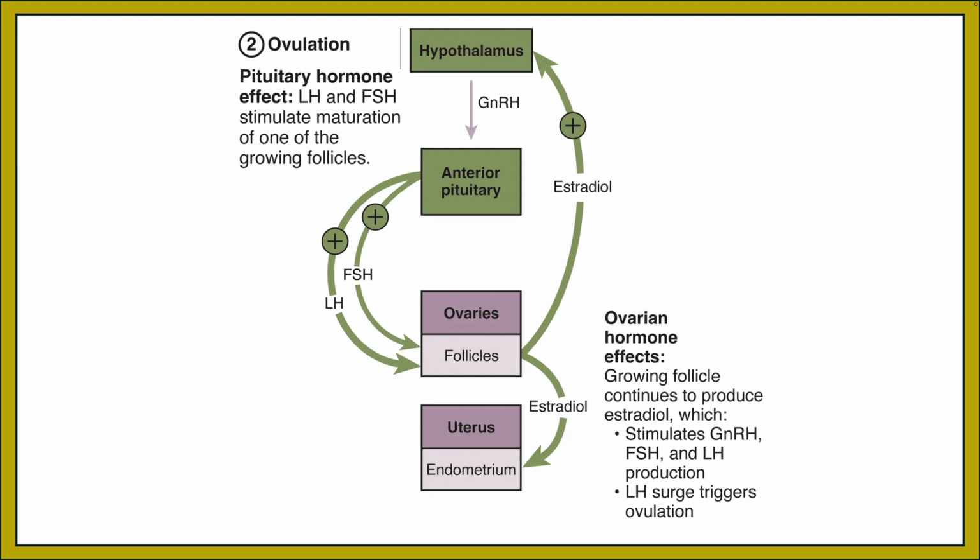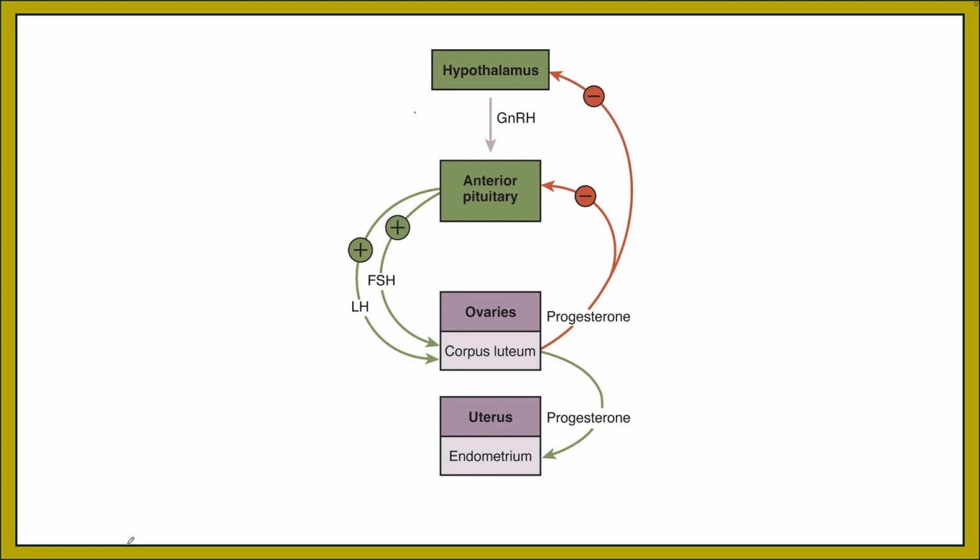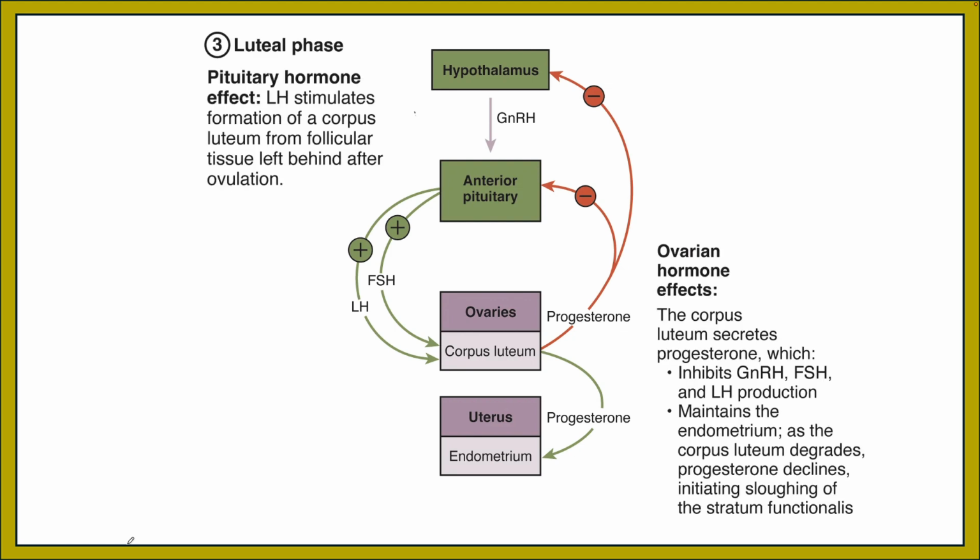This surge is going to cause an LH, so it's an LH surge that's going to cause ovulation to then occur. And then in the third phase, the luteal phase, the LH stimulates the formation of a corpus luteum. So notice that you have stopped producing estradiol here.